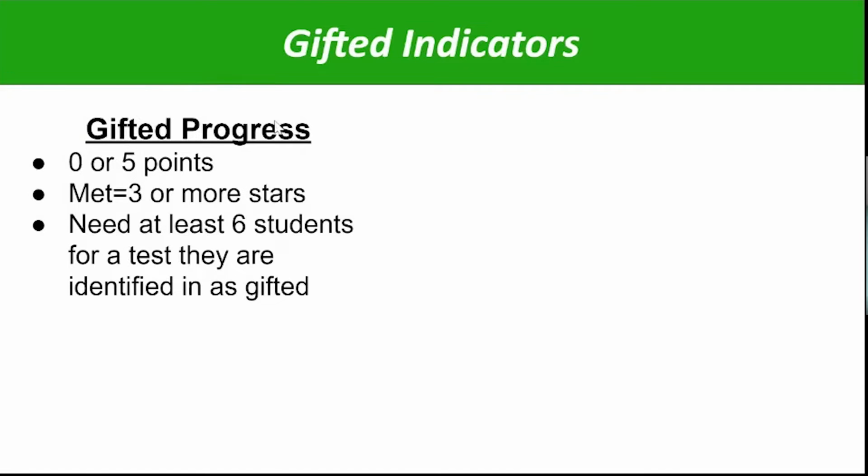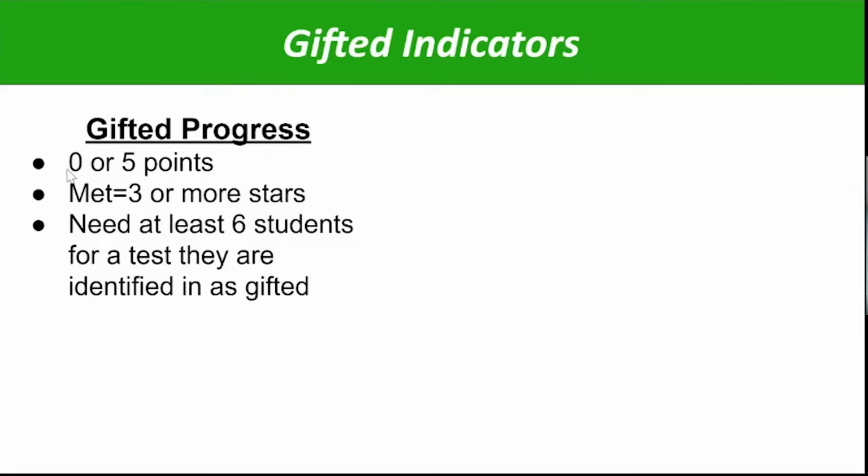buildings, you may not have gifted progress available. We saw this as we looked at report cards. Some of our K1 buildings or K2, even K3 buildings would not have progress. We really see progress come in once we get to fourth grade. So it is possible that if you're looking at a building report card, this indicator may not actually be there, or this part of the calculation may not count at all.